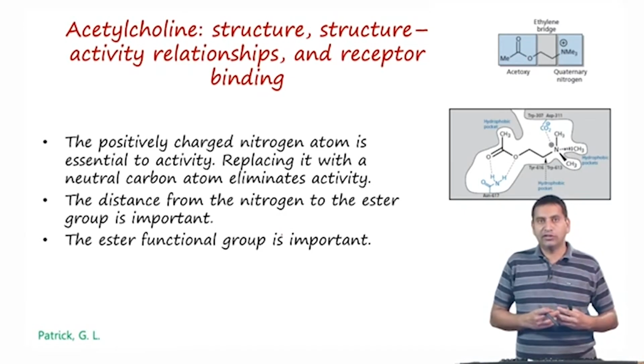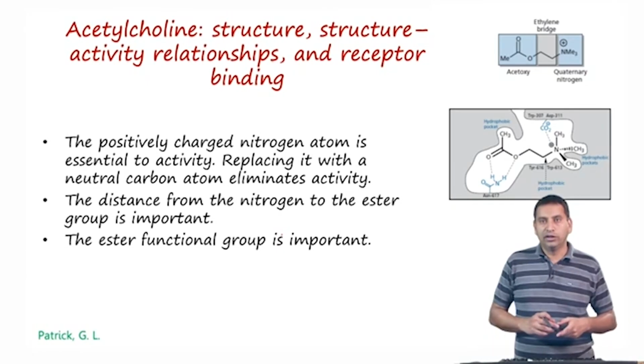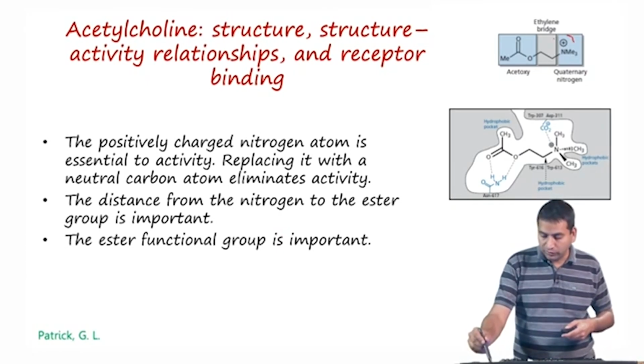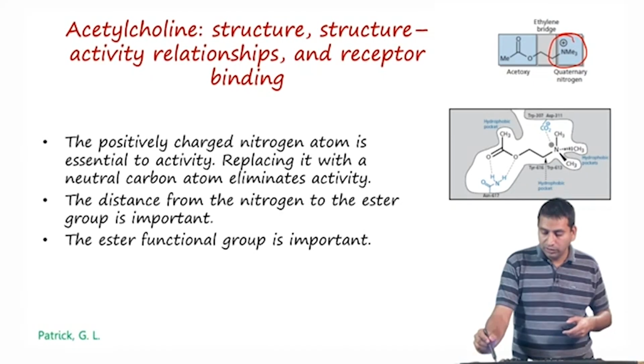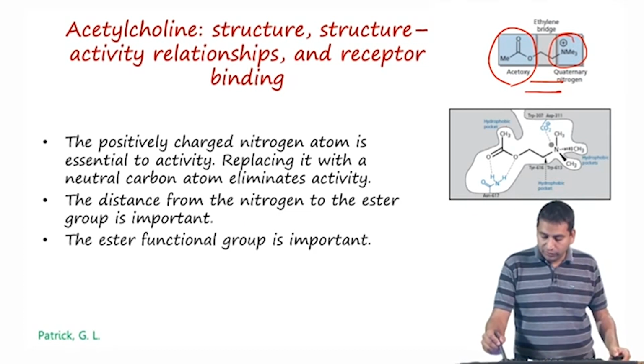In order to understand this, let us look at some of the structure activity relationships and receptor binding of this molecule. Here is the structure of acetylcholine. There is a quaternary nitrogen, and then there is an ethylene bridge followed by an acetoxy group. Here below is the way in which this binds.